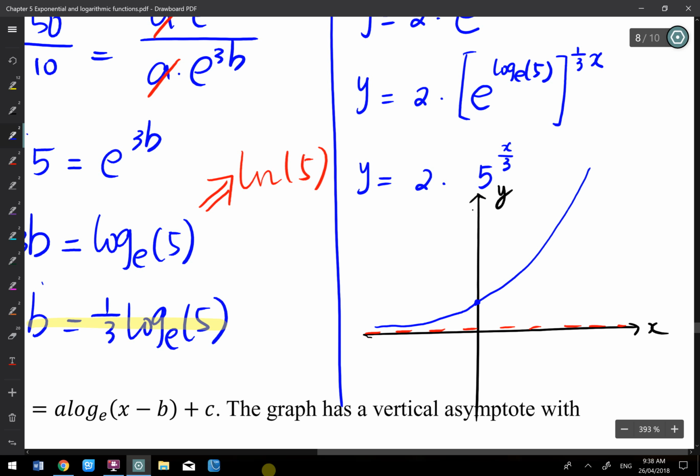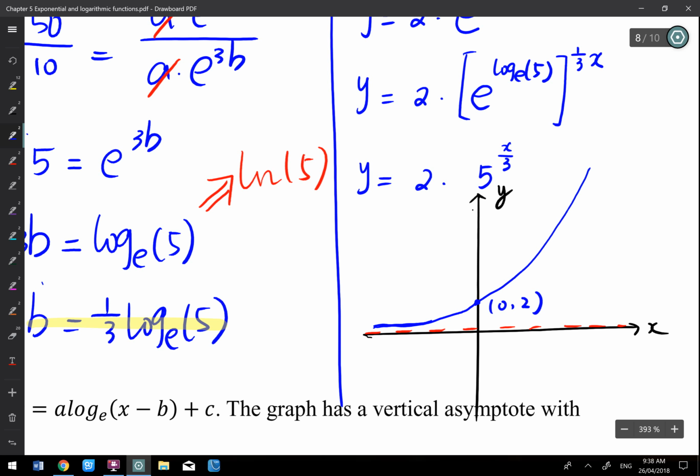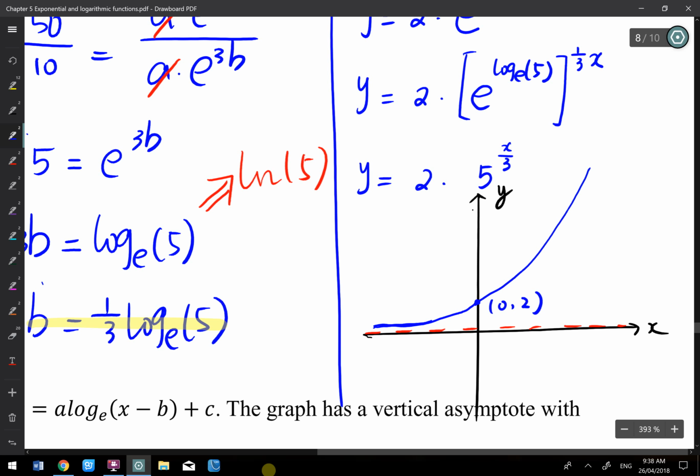No reflection at all. So sub 0, we have 0, 2. It's an increasing function above the x-axis. No reflection, so the graph will look like this. I can put another point, like 3, 10, which is a point on the graph, so we can just put 3, 10 there.